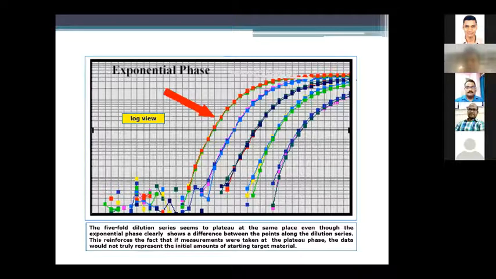This is the drawback of normal PCR, but with the help of real-time PCR we can identify differential gene expression through qPCR.